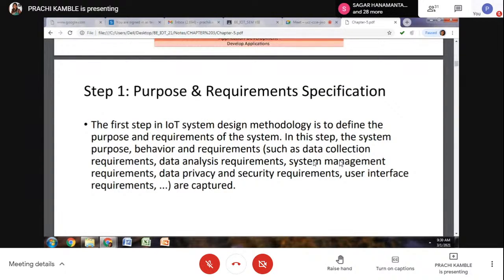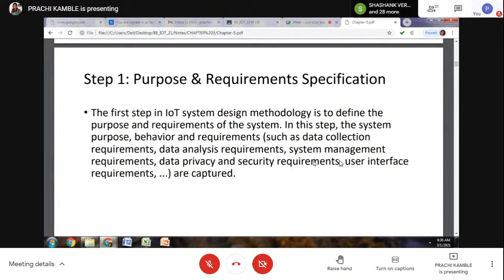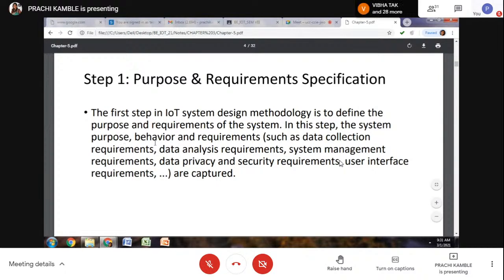So out of 10 steps, the first step is purpose and requirement specification. This is the first step in IoT system design methodology, to define the purpose and requirement of the system. In this step, the system purpose, behavior and requirements, such as data collection requirement, data analysis requirement, system management requirement, data privacy, security requirements, and user interface requirements, are all captured.